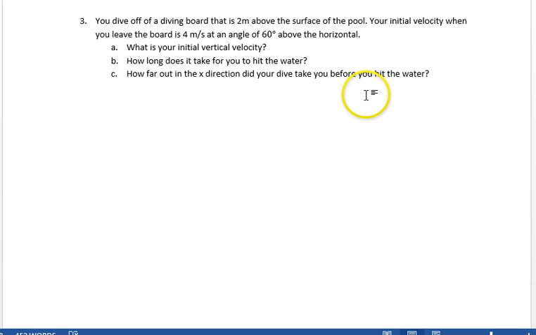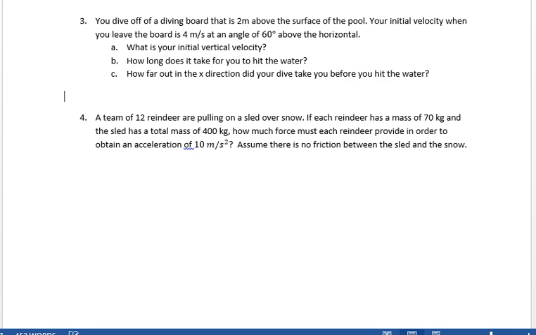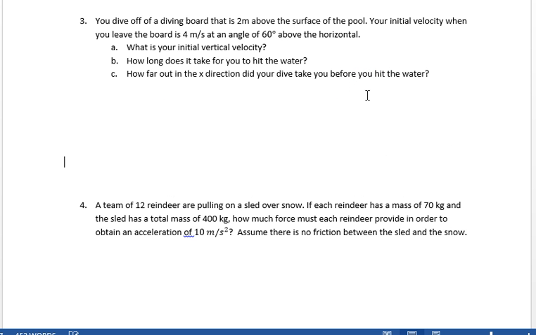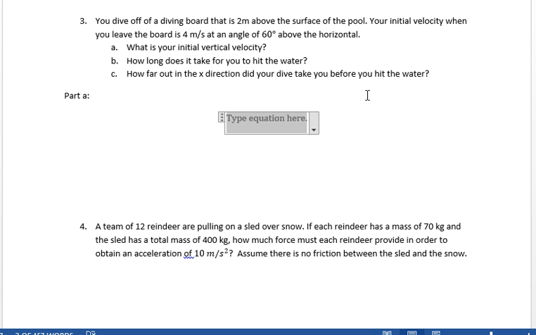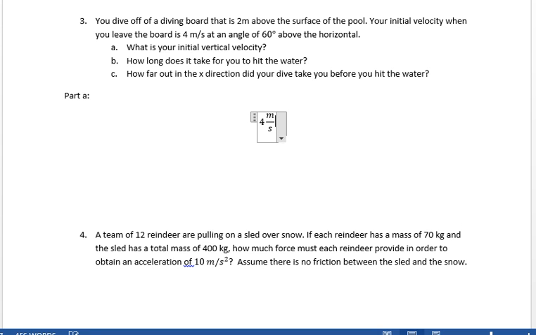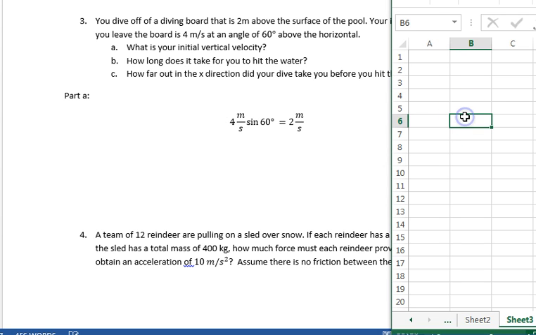Well, so for part A, the vertical component is just 4 meters per second times the sine of 60 degrees, equals, I believe that's 2 meters per second. We'll check that real quick.